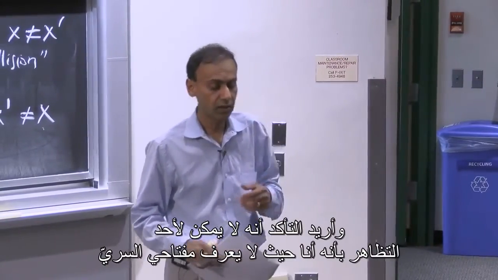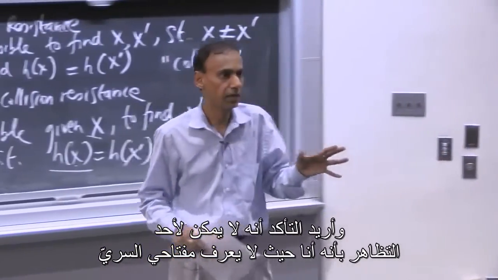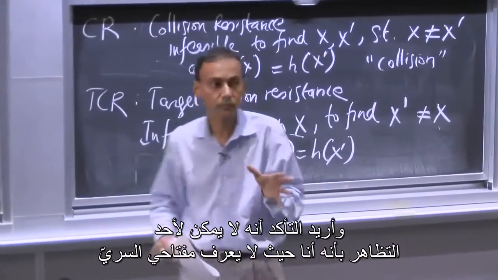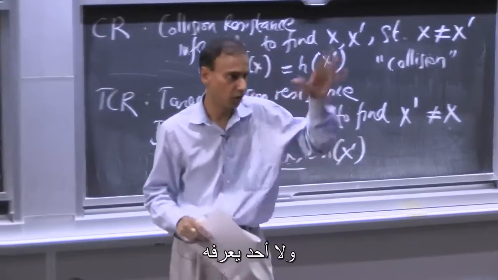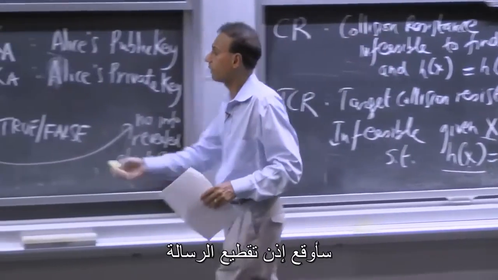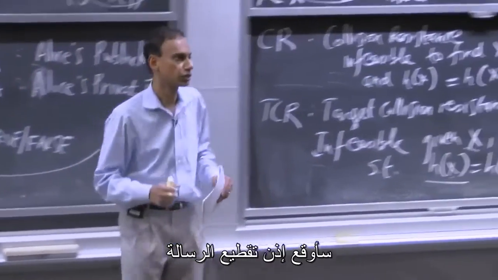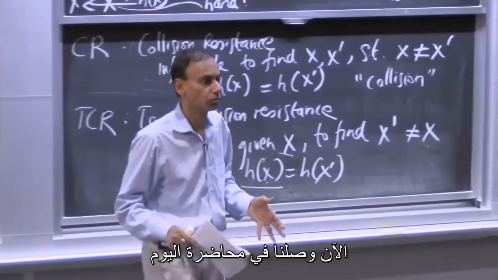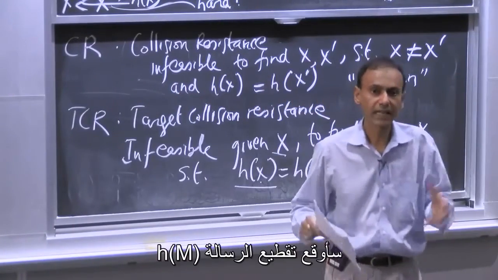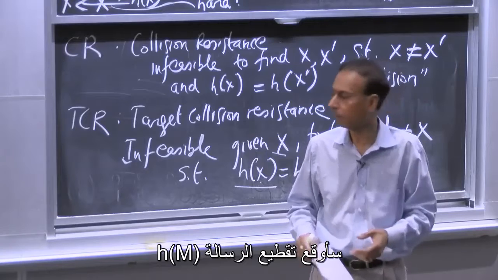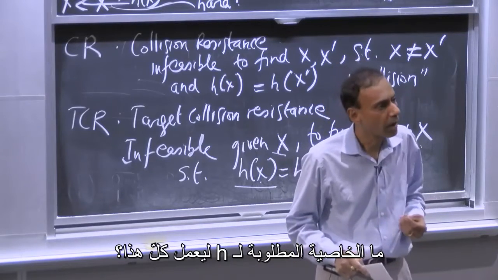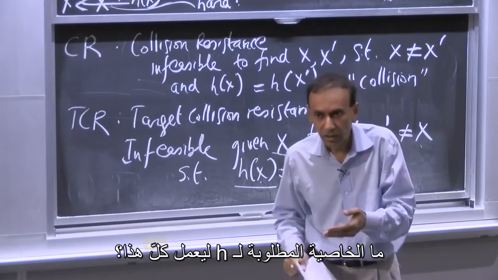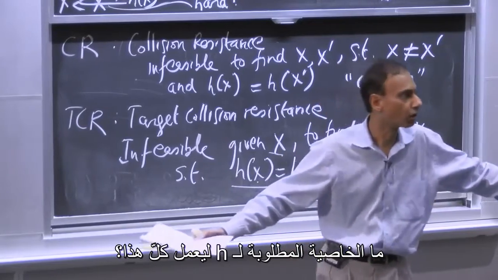And I want to make sure that nobody can pretend to be me who doesn't know my secret key. So if I'm going to be signing the hash of the message, now it comes down to today's lecture. I'm signing the hash of the message, H of M. What property do I require of H in order for this whole thing to work out?